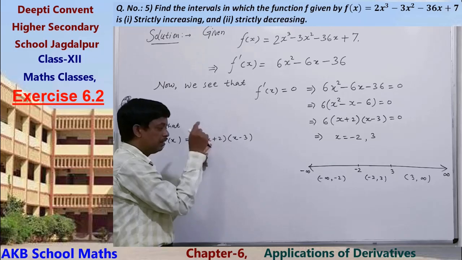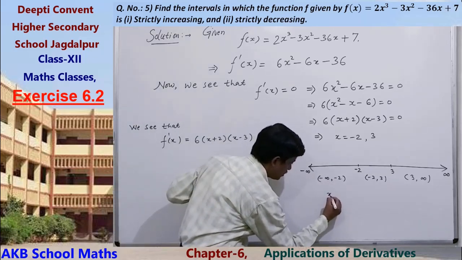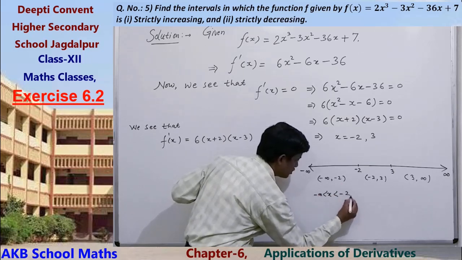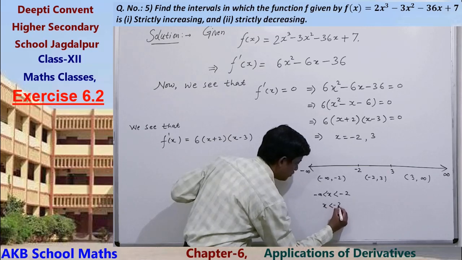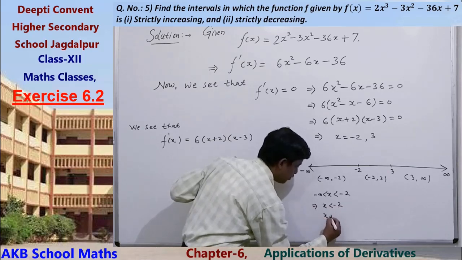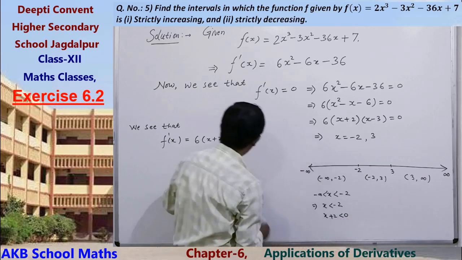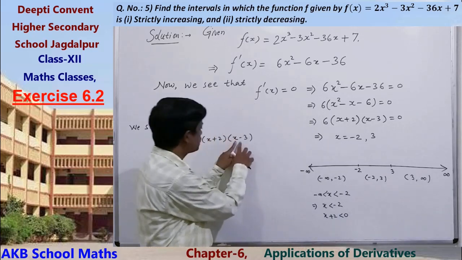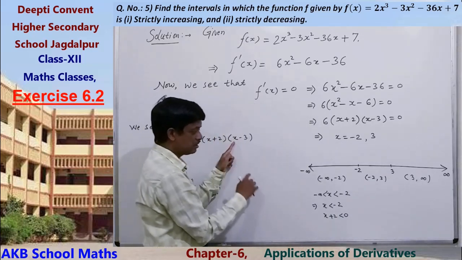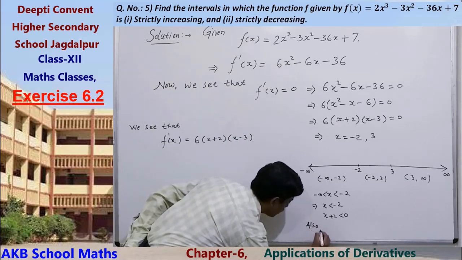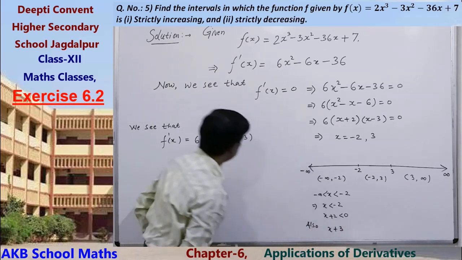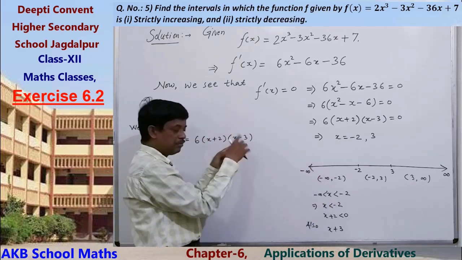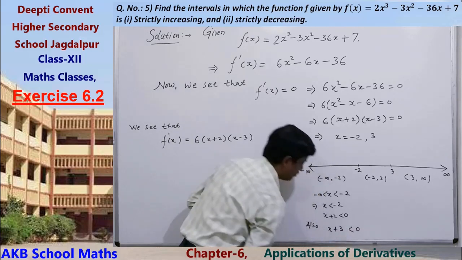Suppose x lies from minus infinity to minus 2, that is x less than minus 2. Then x plus 2 is less than 0, that is negative. Similarly x minus 3 is also negative. Negative times negative is positive.